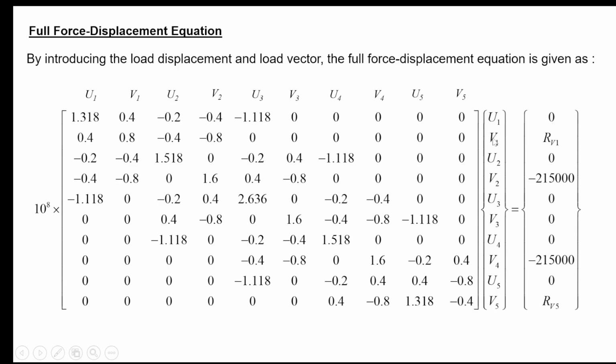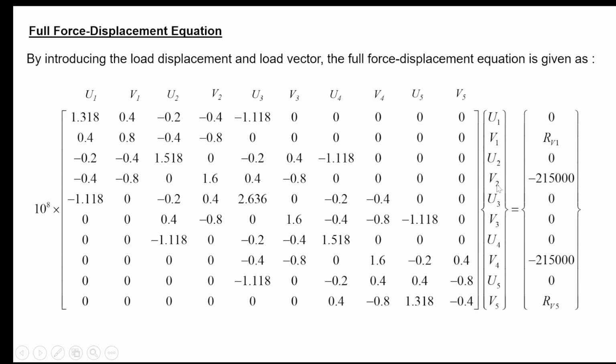The one at node 1 vertical, there was a vertical force here at node 1. That vertical force is actually the reaction at node 1, the reaction at that pin support, which we had assigned RV1. For node 2, there is no horizontal force. That's why this place is zero.